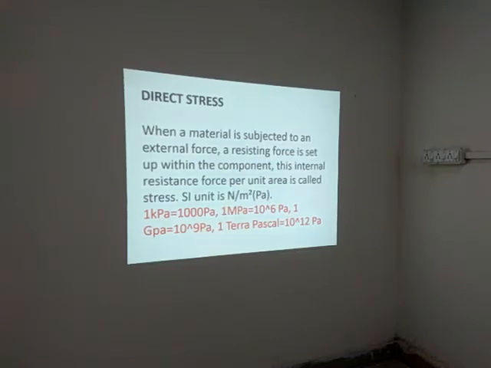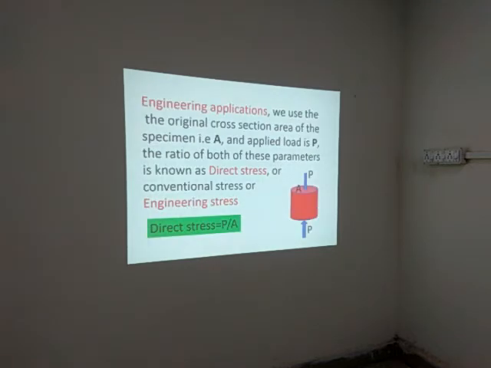The unit of such stress is Newton per meter square, which is also known as Pascal, denoted as Pa. 1 kilopascal means 1000 Pascal. 1 megapascal means 10 to the power 6 Pascal. 1 gigapascal, GPa, is 10 to the power 9 Pascal, and 1 terapascal is 10 to the power 12 Pascals. So these are the various conversion units which we can use.